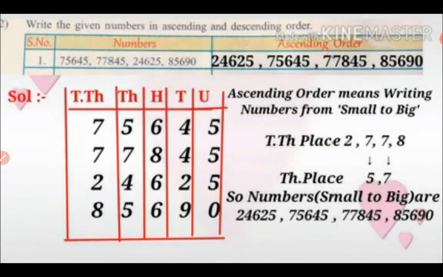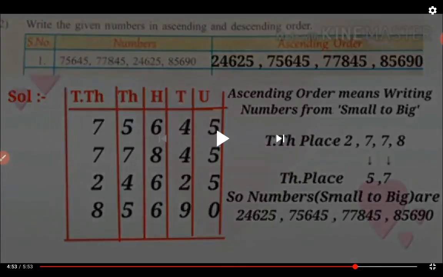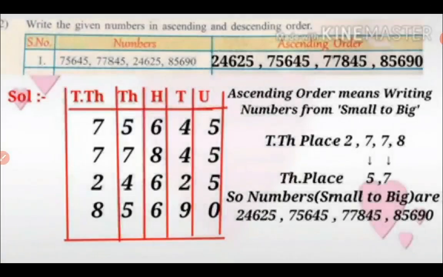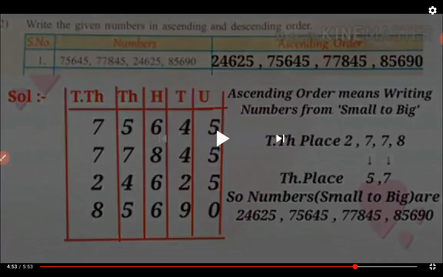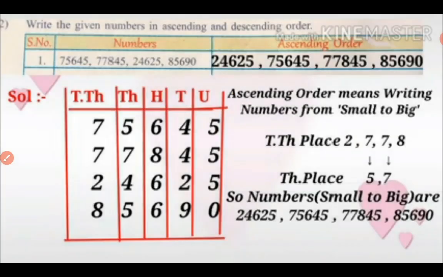So what is descending order? Yes students, it's the opposite of ascending, isn't it? So descending is from bigger to smaller. So easily you can find out which is your biggest number.